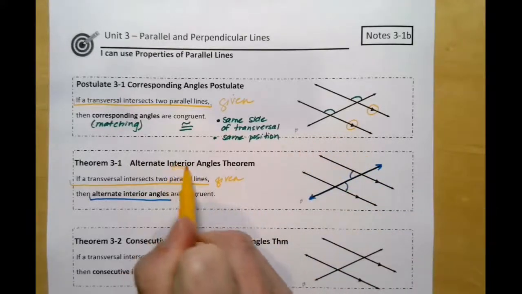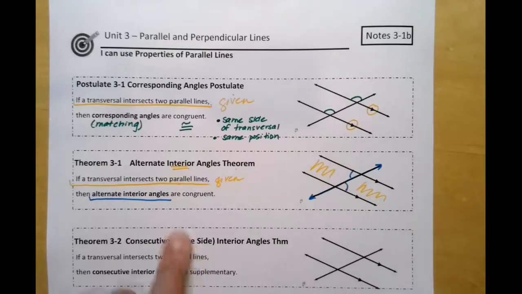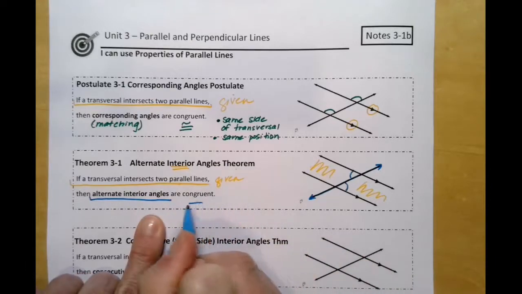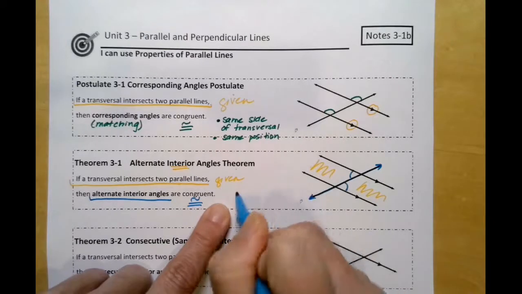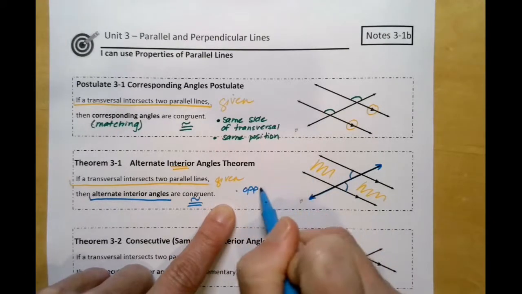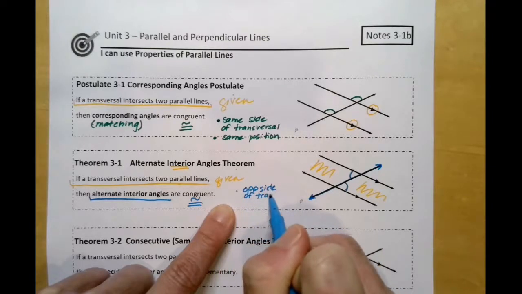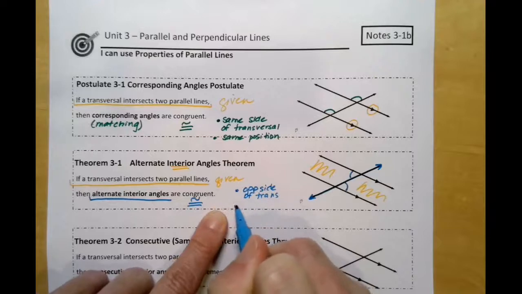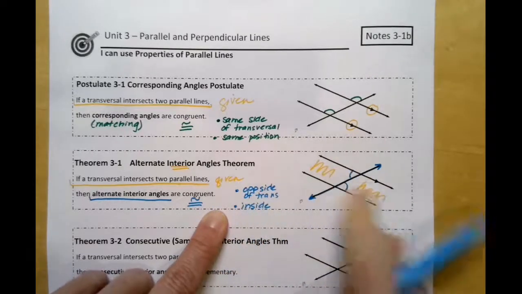So when we talk about this phrase of interior, that's just this space inside. So our alternate interior angles are going to be congruent. So think about the positions. They're on opposite sides of the transversal, and they are inside of the parallel line system.